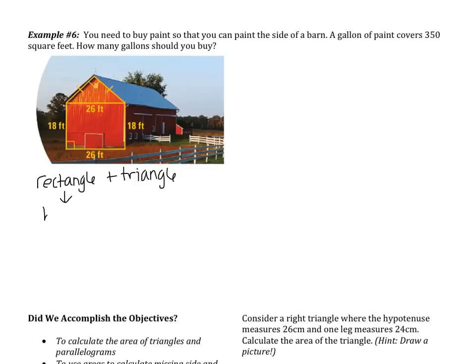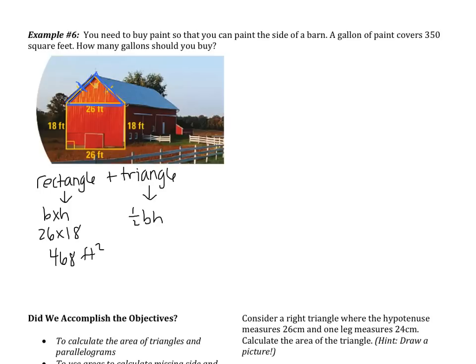Well, rectangle is base multiplied by height. In this case, my base is 26, my height is 18. So the area of the rectangle part of the barn is 468 feet squared. Triangle is 1/2 base multiplied by height. Now, just so we're all clear, this is the triangle that I'm looking at.